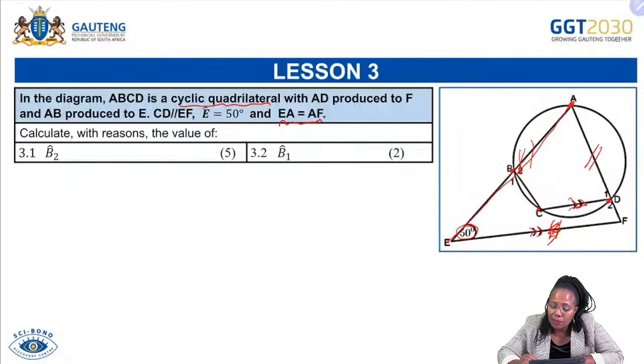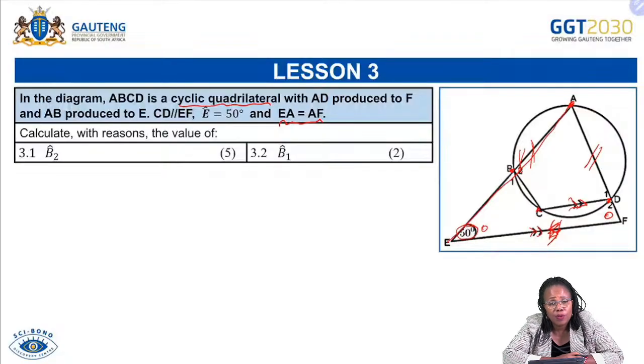So what does it mean now? It means these angles are equal in that triangle AEF because they are angles opposite equal sides. This angle will be equal to that one. So if this is 50, that means F will also be 50. That is true analysis. We have not yet answered the question.